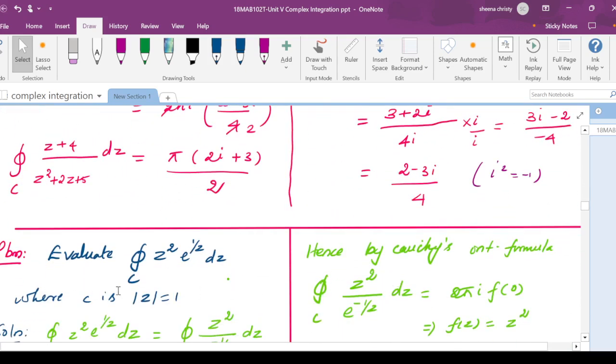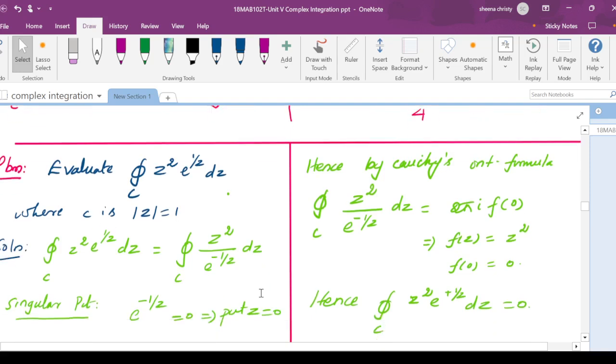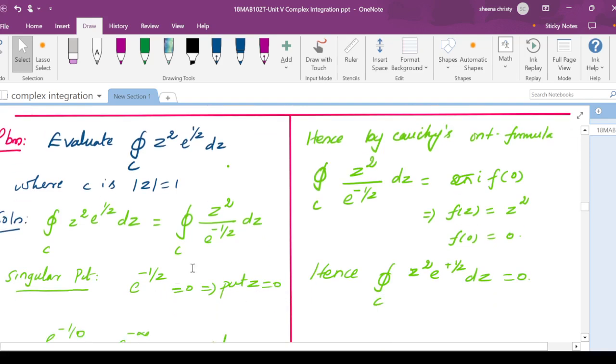Consider this problem. Evaluate the integral over c of z square into e power 1 by z into dz, where c is mod z equal to 1. So the same given problem, we can write it as the contour integral over c, z square divided by e power minus 1 by z into dz. Now we have to find out the singular point. To get the singular point, put z equal to 0. What you will get?